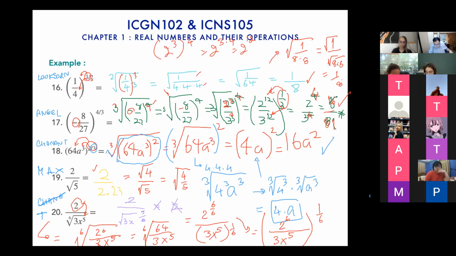Okay, so any question for these examples that your classmate tried to help fix? I have a question. Yes. For number 19, can I square both the top and the bottom?